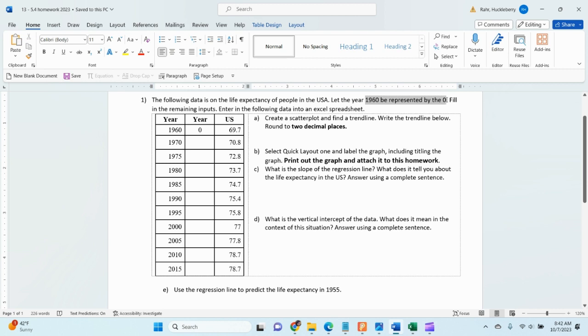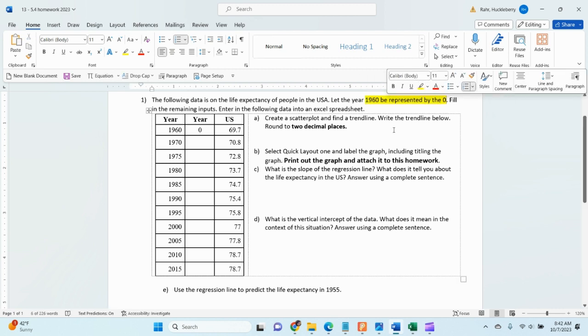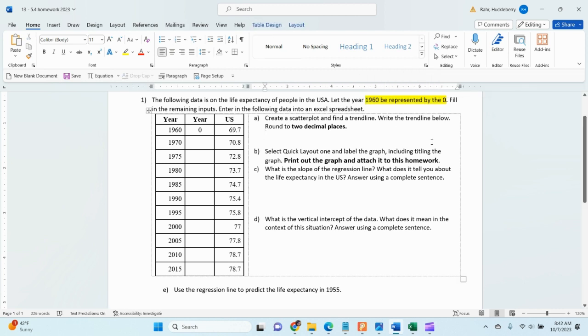This is important because we don't usually use 1960, or whatever year the data starts, as where we start, because then our graph would start 1,960 units over, and we really want our data to start at the origin.